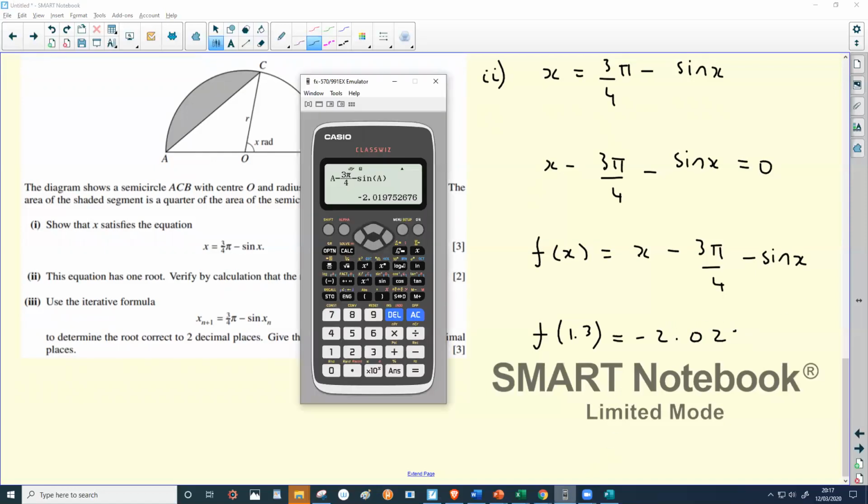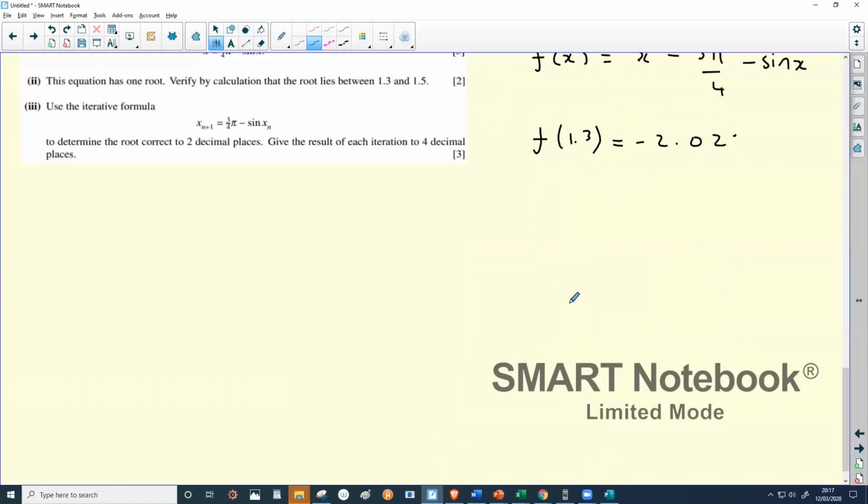So that's the first bit done. Now, if I scroll up, I can see I put in 1.3 as A. Now I'm going to store 1.5 as A, and hopefully I should see when I substitute 1.5 into that expression, there was a change in sign.